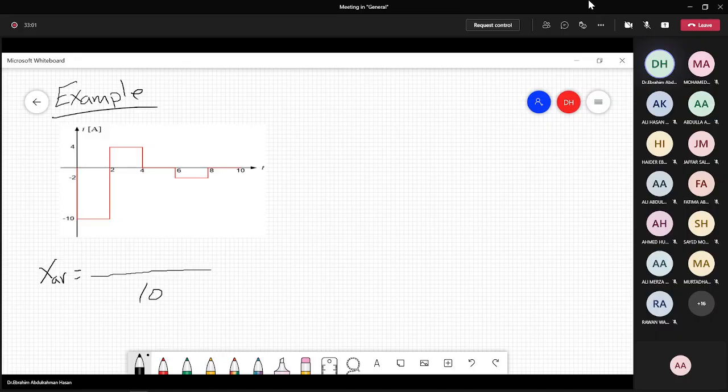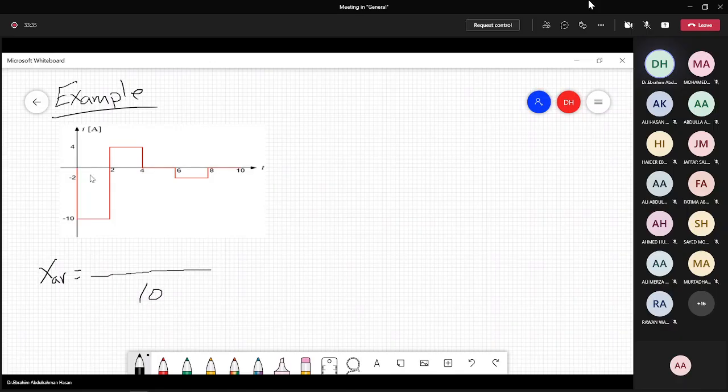For the area under the curve, in general, we can use integration, and you will get exactly the same answer, but it is easier to use areas because this is piecewise linear. Then area of this plus area of this plus area of this plus area of this plus area of this. So add all these areas and divide by 10, then you will get the average value.